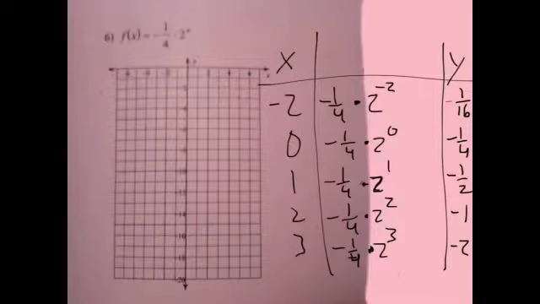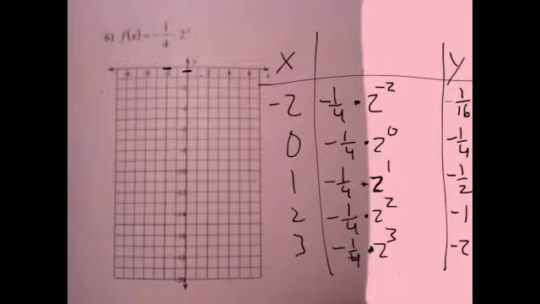So these are my y values that go with my x's, and we're just going to apply each of those. Negative 2, negative 1/16. That's practically on my axis there. It's really low, really close to it. And then for 0, I have negative 1/4, also pretty close there.